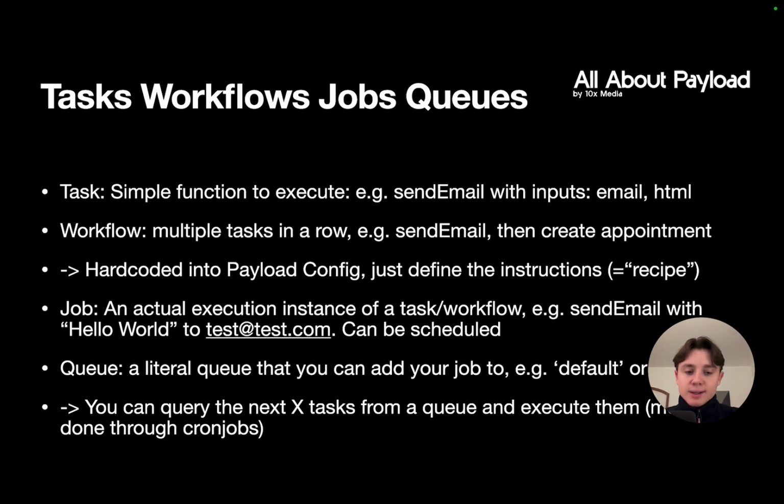And the idea behind that is that you set up a cron job, for example, that is called every 5 minutes, that checks the email queue and sends out, you can define the next 10 emails or the next 100 emails, no matter what you want to specify, and just basically handles them asynchronously.